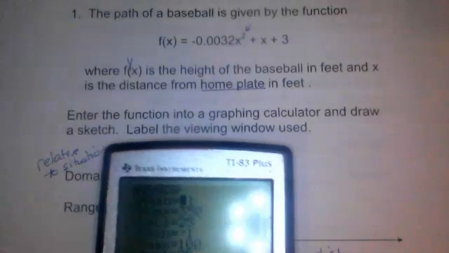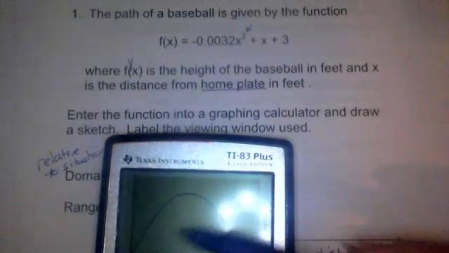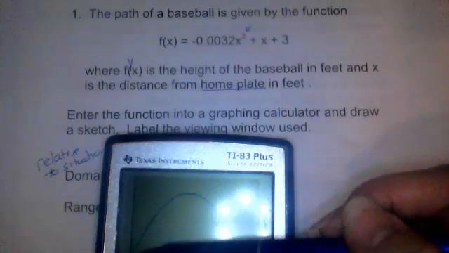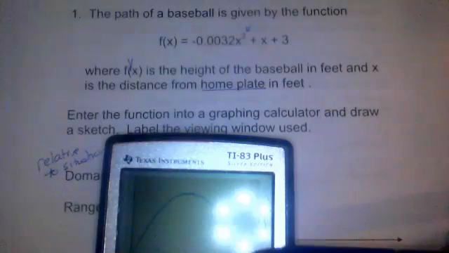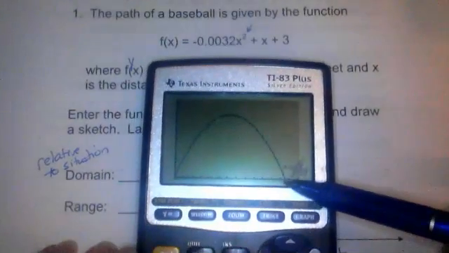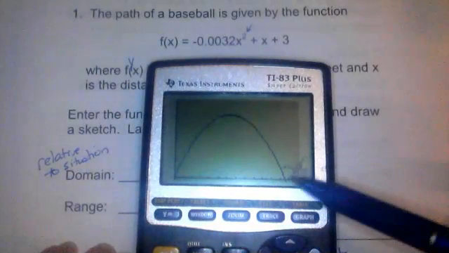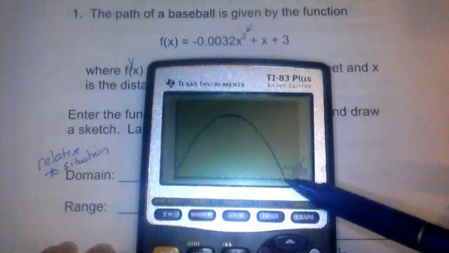Looking at this, I just need to know how far it went from home plate, which was at 0, over here to the end of my graph. From home plate to the end of my graph. So I need to find this point right here. Well, that would be a root or a 0.